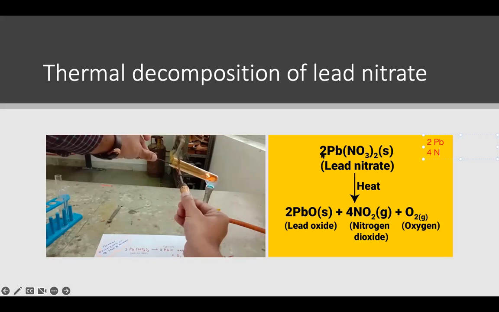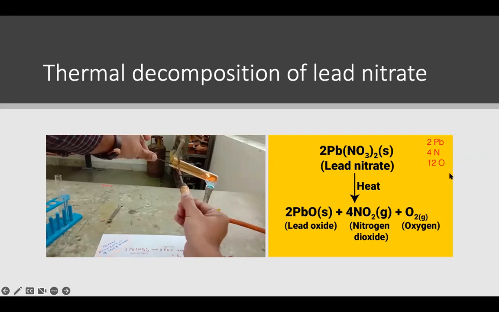And how many oxygen atoms? 6. Here 3, then 3 into 2 is 6, but you have to multiply by 2 again, right? Why? This reaction needs 2 lead nitrate. Therefore, 3 into 2 is 6, and 6 into 2 is 12 oxygen.